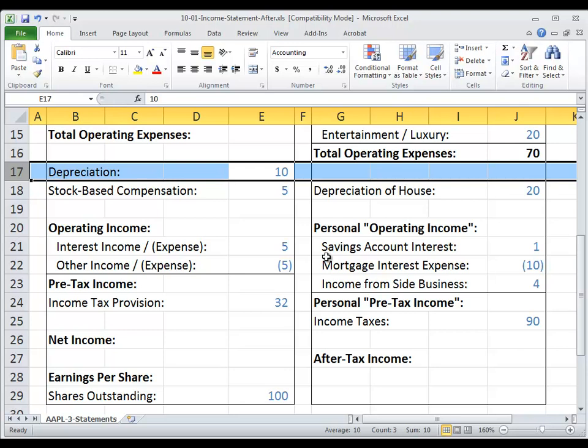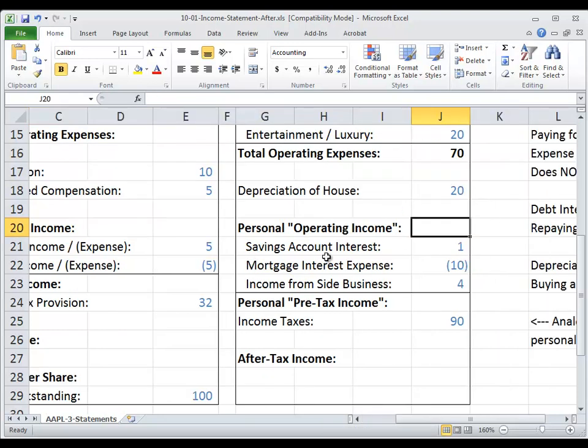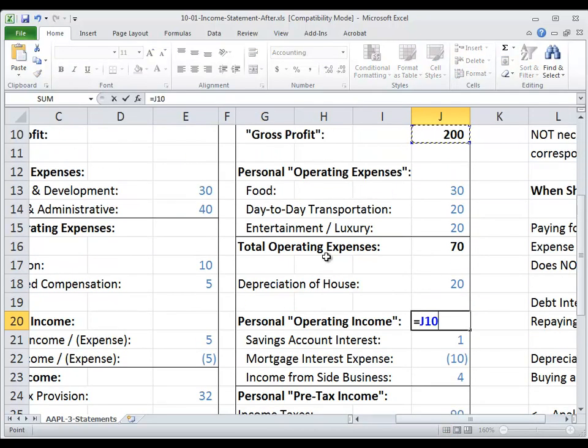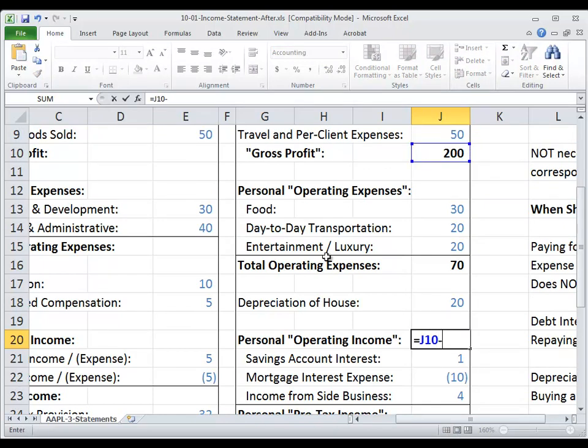So it is counted as an expense, but it is not actually reducing the amount of cash that you have. So once you take into account all these different expenses, for the personal operating income here, I'm going to enter equals and then go up and take our gross profit. We subtract our operating expenses, and then we subtract any non-cash expenses like depreciation or stock-based compensation, for example.